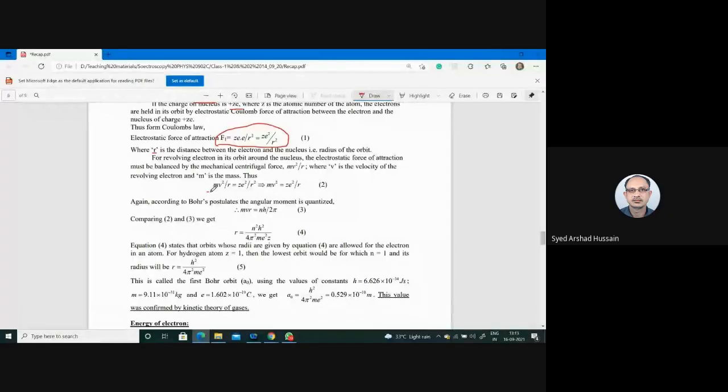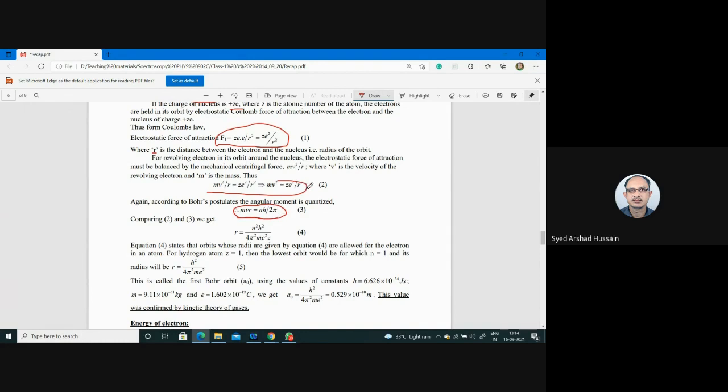And in that case, this force of attraction, that is Ze² by r², must be equal to the centrifugal force in the outward direction to have a stable configuration of the system. So since the system is stable, mv² by r is equal to Ze² by r². Again, according to Bohr's postulates, this quantized condition, that is mvr is equal to nh by 2π.